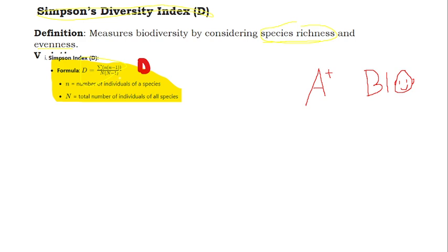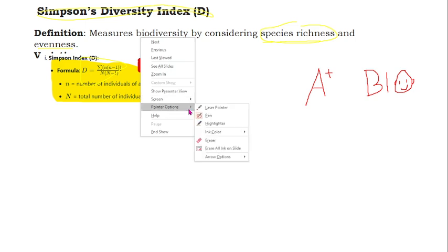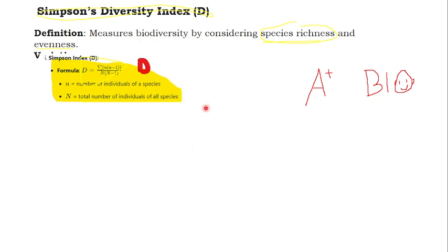By using the Simpson diversity index, we are going to calculate the number of species you have, and then the number of organisms in each species. So the formula is here. I hope it's clear. The Simpson diversity index is n(n minus 1) over N(N minus 1).